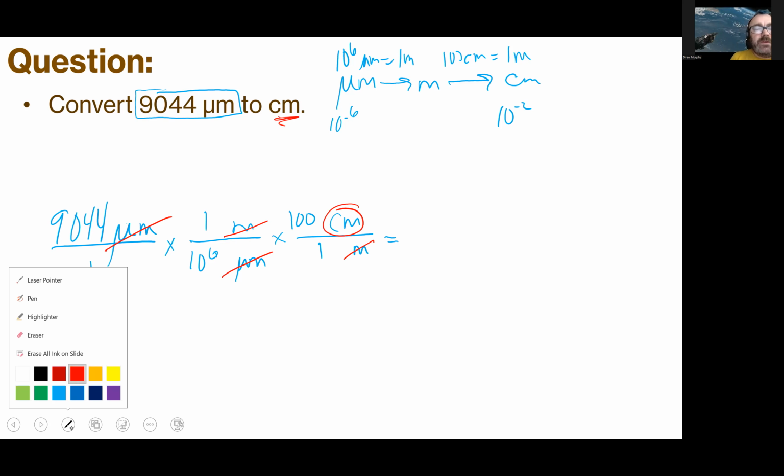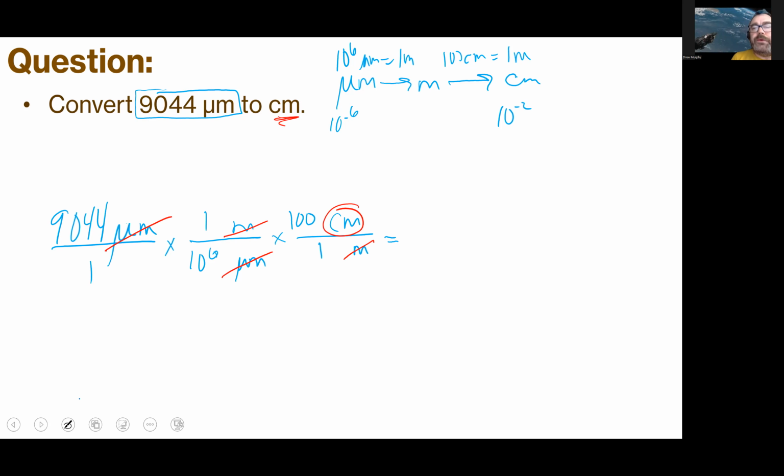What we're going to do is multiply through the top. So that's 9044 times 100, or 904400. And we're going to divide that by 10 to the 6th. This has units of centimeters. Don't forget your units. Then we divide those two things.